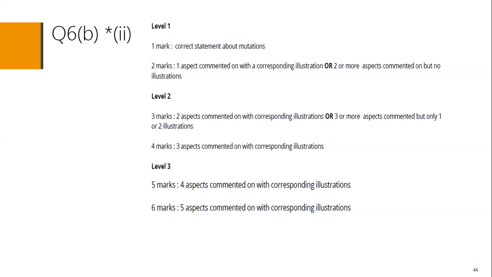And for full marks at level 2, we're expecting 3 aspects commented on with corresponding illustrations. And then when we get to level 3, it's 4 aspects and 5 aspects with corresponding illustrations. Give it a go on the examples you've got.